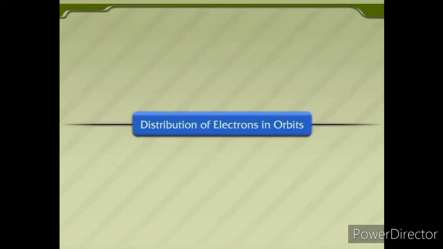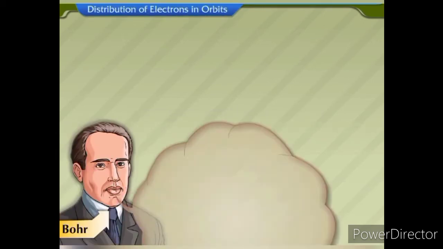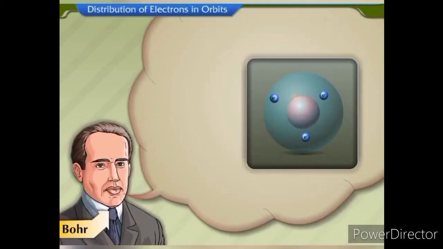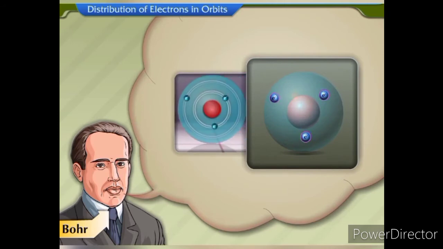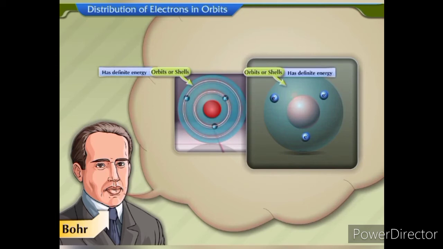Distribution of electrons in orbits. According to Bohr's model, electrons occupy certain stable orbits or shells. Each shell has definite energy.